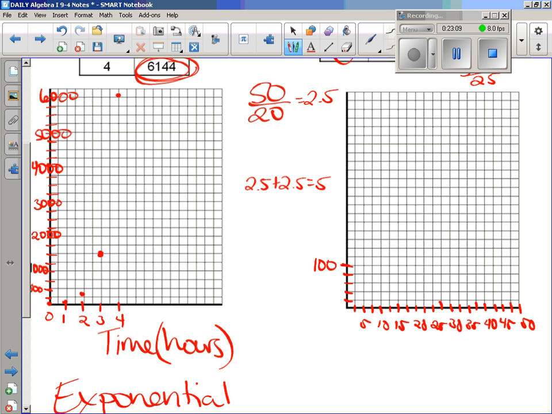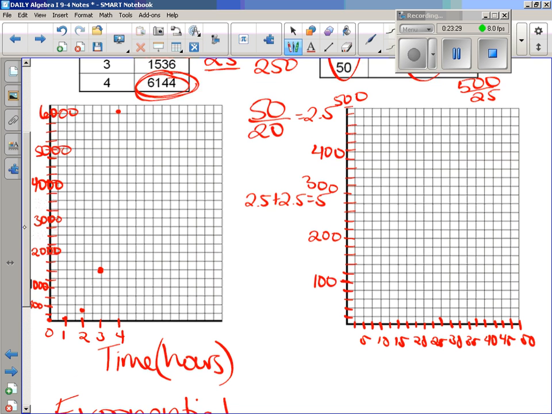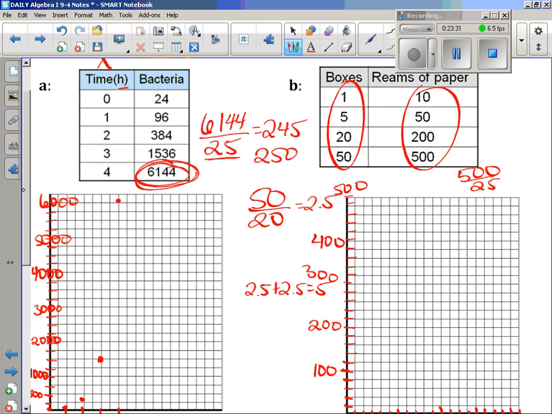So I could count every 5 boxes, 2, 3, 4, 5, and that's out of 100. And that gets me perfectly what I need. That ended up working out very nicely.